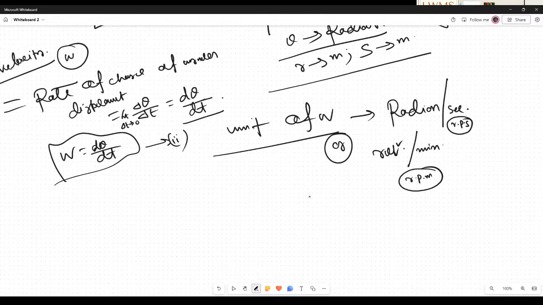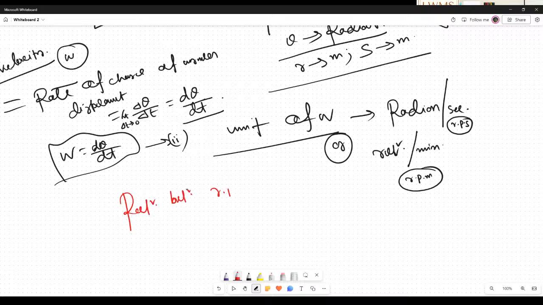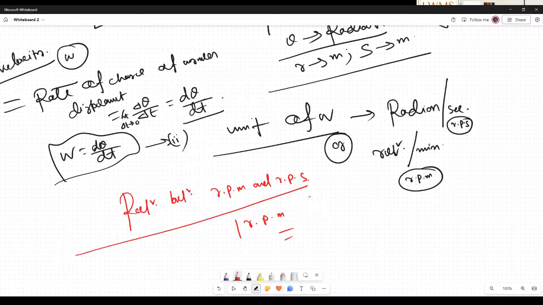Now, what is the relation between RPM and RPS? Let us write first. Relation between RPM and RPS. 1 RPM is 1 revolution per minute. 1 revolution is 2 pi radian.